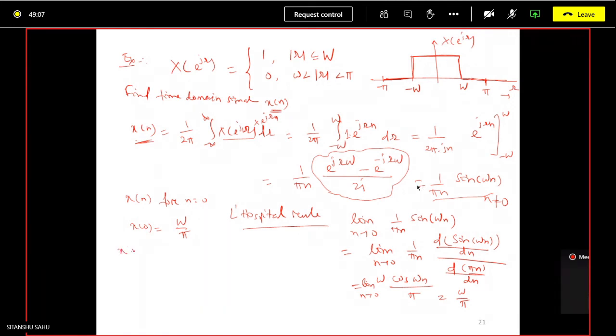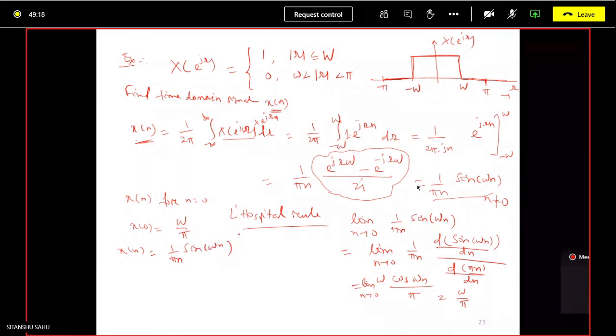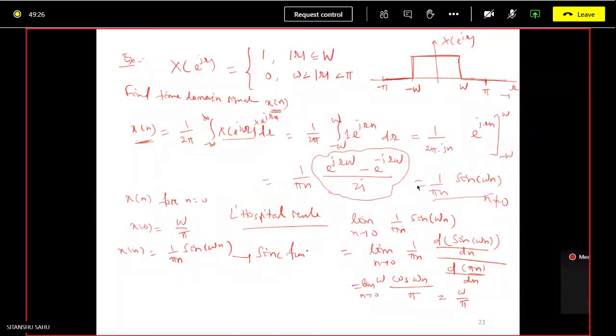So I can write x of n as 1 upon pi n sine wn. So this is nothing but a sinc function, isn't it? Okay, so it is a sinc function.